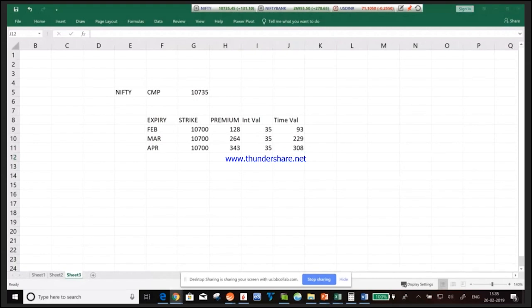Alright, I'm so sorry. So do you see now that the time value is increasing as the expiry increases?